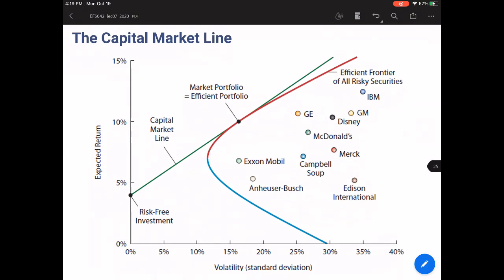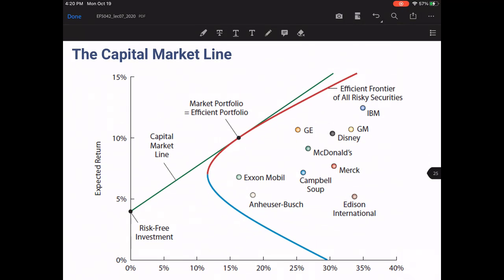All right, so we're going to go over some definitions now. The green line, I called it the frontier, but we have a specific term in the textbook. It's called the capital markets line. So that just means that it's the portfolio that you can create from the market portfolio or the efficient portfolio or the tangency portfolio. They all mean the same thing here. So I'll write tangency portfolio here. And the risk-free rate, right?